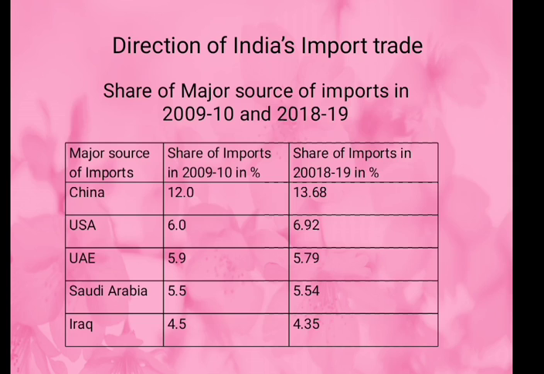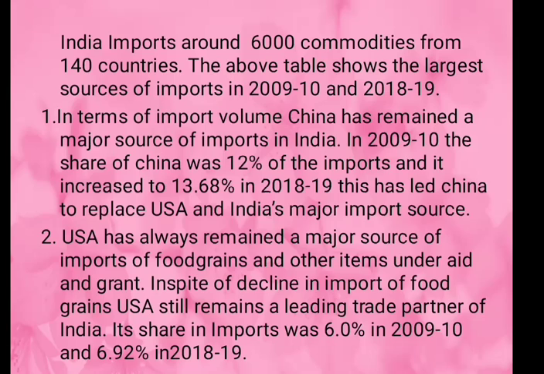The share of the imports in 2009-10 is given and the share of the imports in 18-19 is given as a percentage. India imports around 6,000 commodities from 140 countries. The above table shows the largest source of imports in 2009-10 and 18-19.